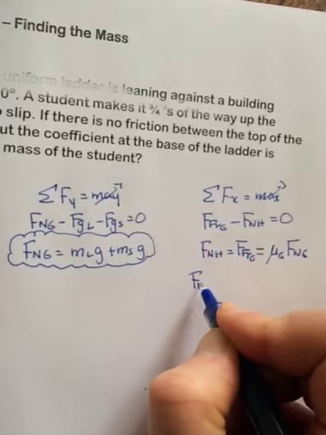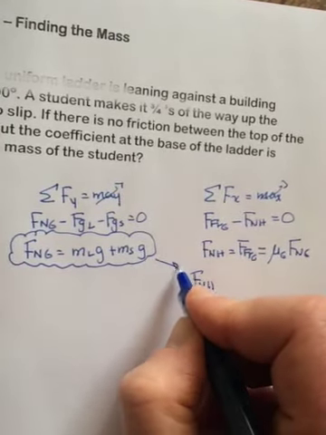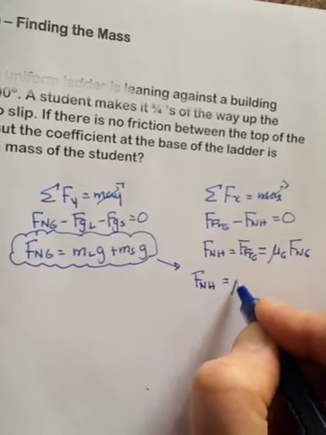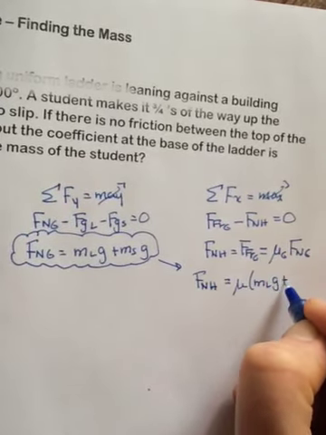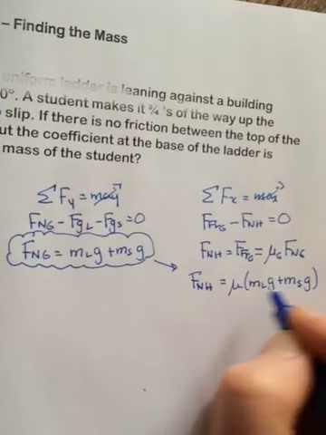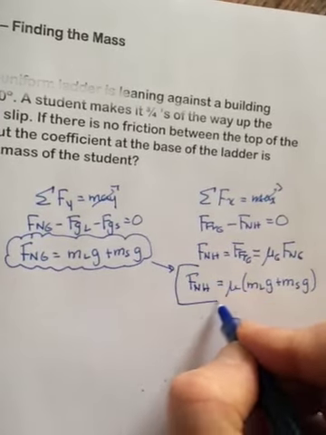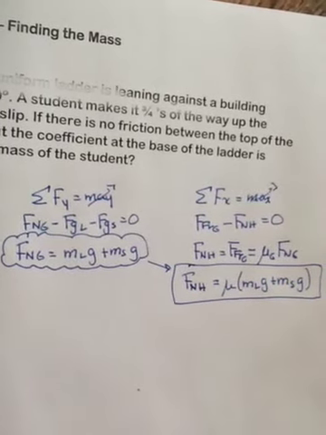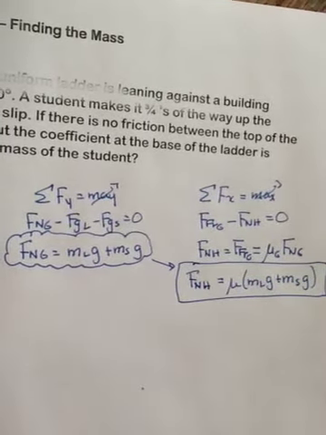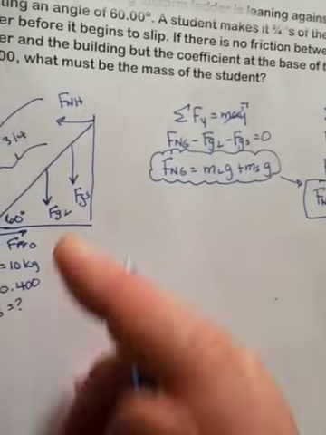So that means the normal of the house, if we plug this in, is equal to mu brackets M of the ladder G plus M of the student G. But we can't find this because we don't have the M of the student. We have everything else. So don't fill your numbers in. We're going to sub it when we do sum of the torques.